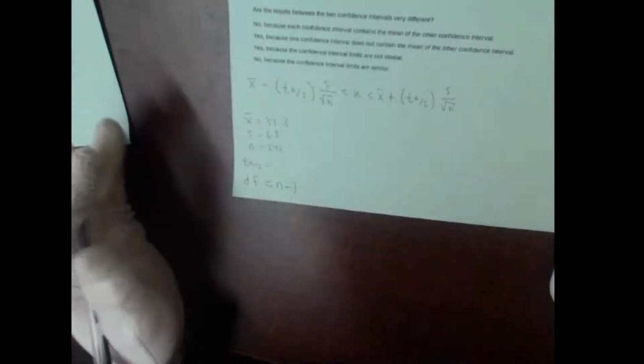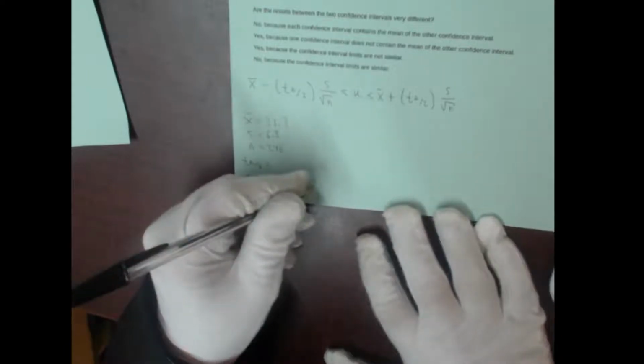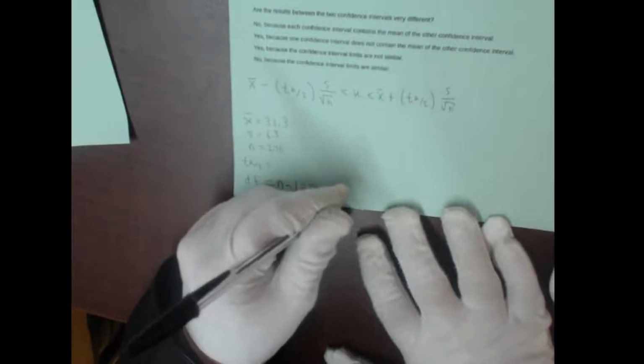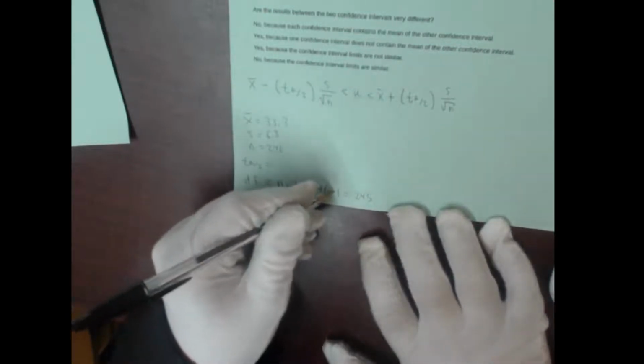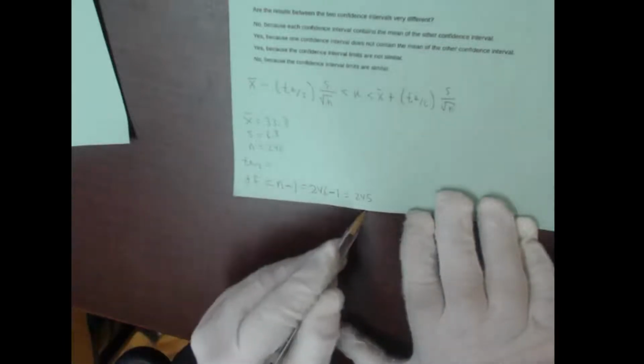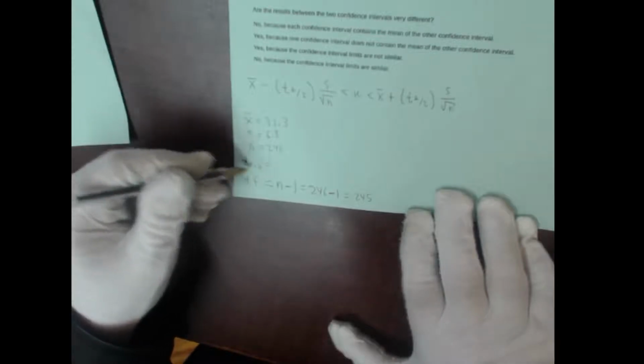Not always, I will tell you when it's different, but your default is degrees of freedom is n minus 1. So in this case, degrees of freedom is 246 minus 1, which is 245. That number we will need in order to find our t statistic. So df, when you're working with t, you need degrees of freedom, which is just n minus 1, and in this case 245.